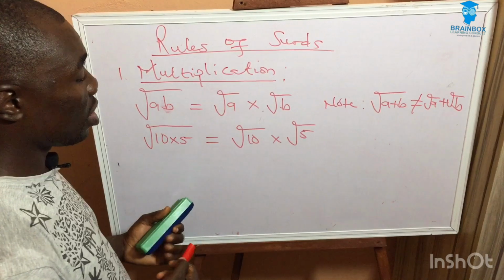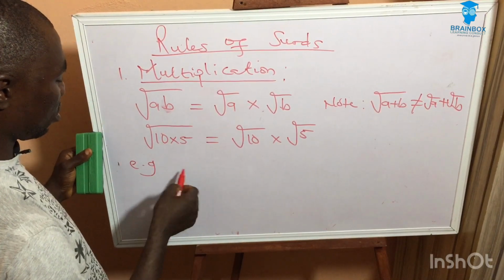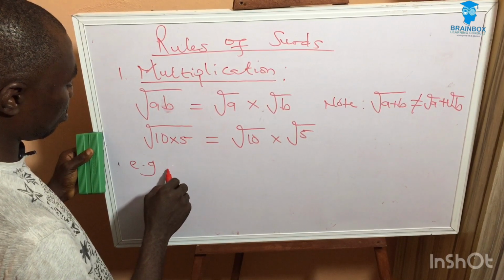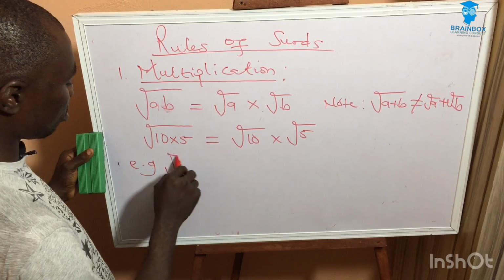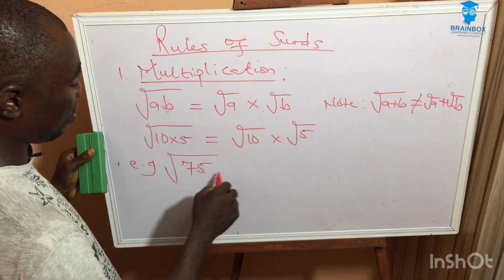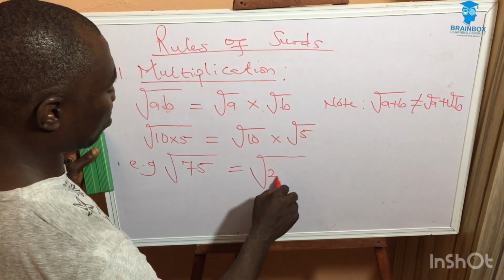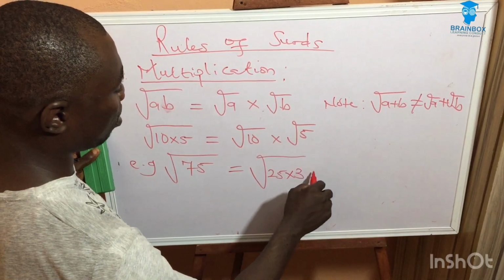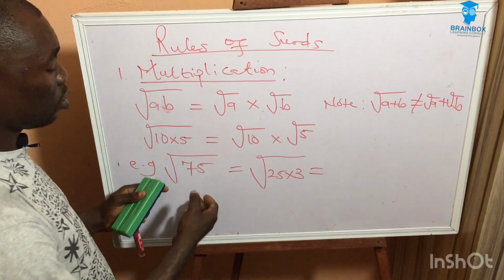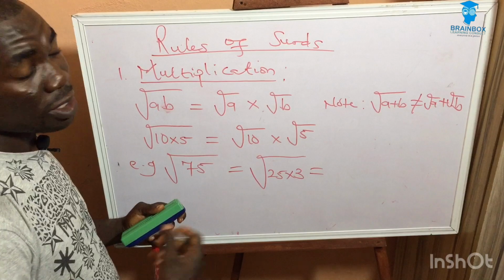So we can check another example. Let's say root 75. Root 75 is the same thing as root of 25 times 3. What we do basically is get a value which is a perfect square multiplied by another value.